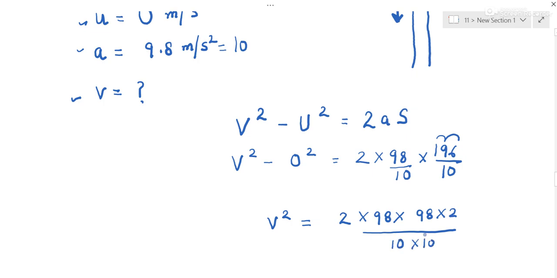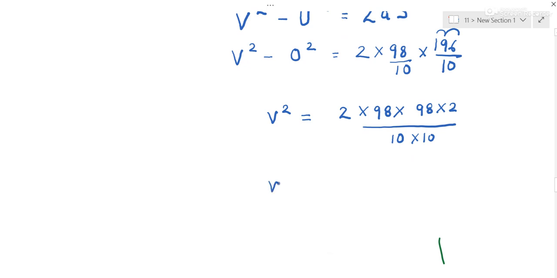Now let us take the square root. Rest of the things will be written as it is.